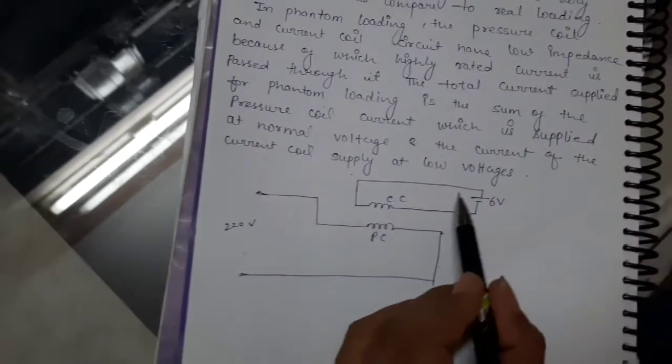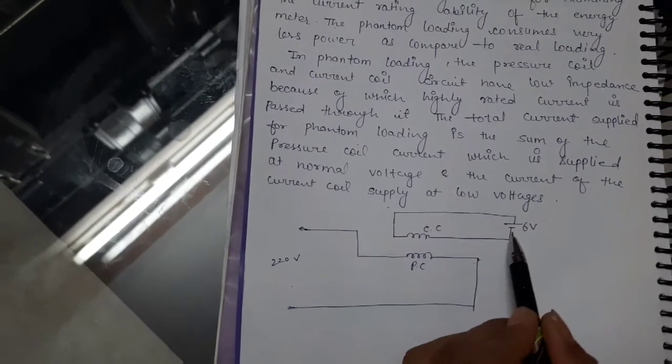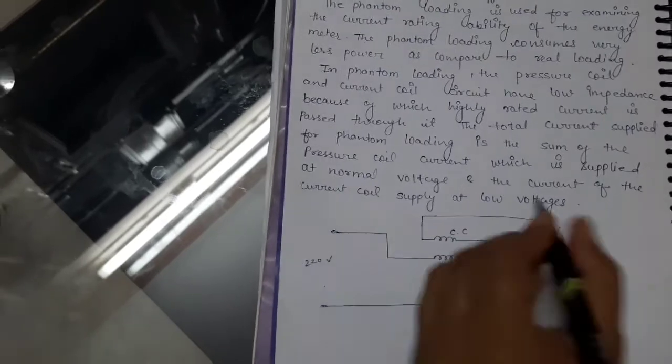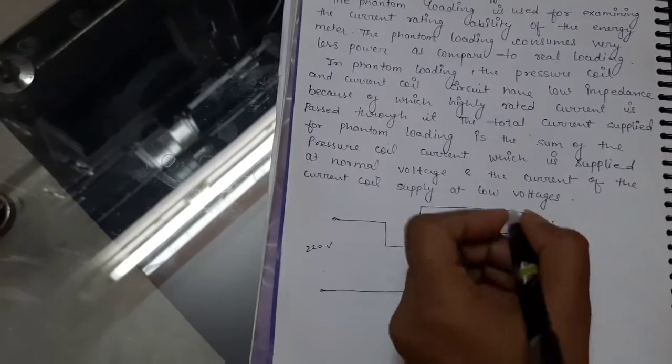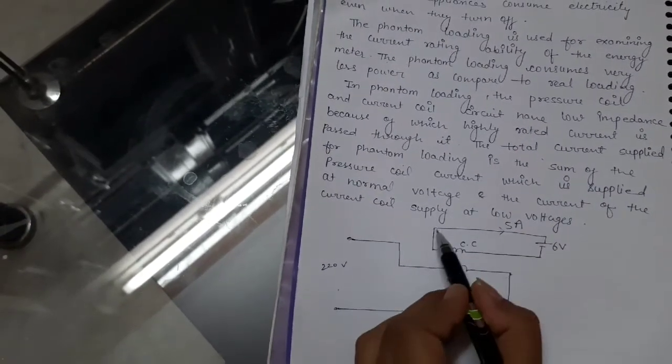That's why internally a battery or a circuit is connected to the current coil. Here we will connect a 6 volt battery and 5 ampere current flows through the current coil.